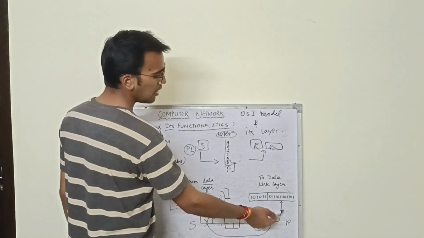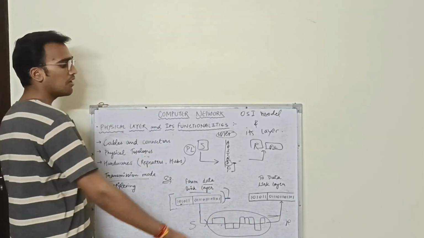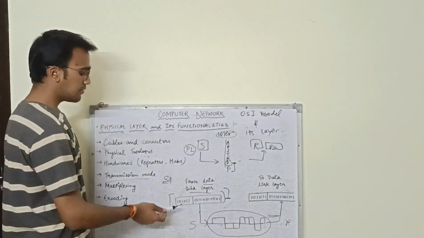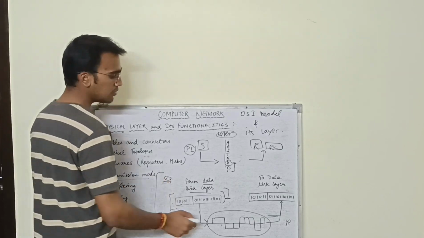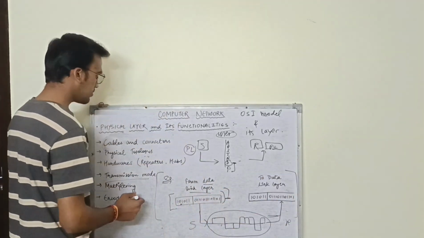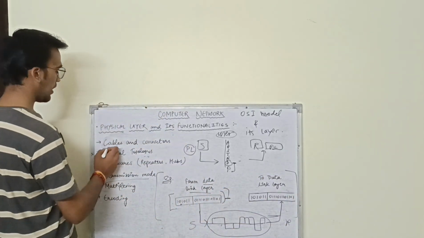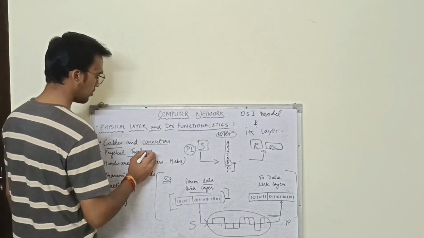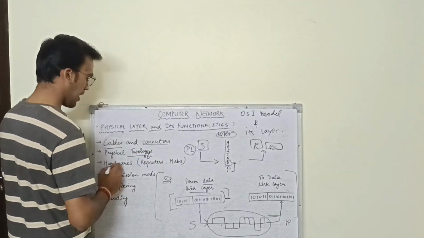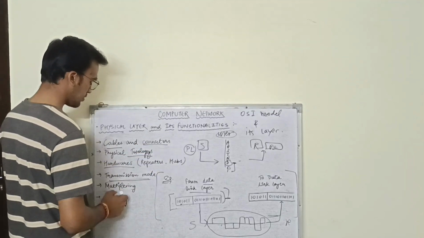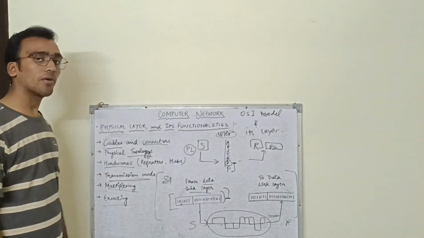Then it is transmitted to the receiving side, to the data link layer. To do this process, we use functionalities like cables, connectors, topologies, hardware, transmission modes, multiplexing, and encoding.